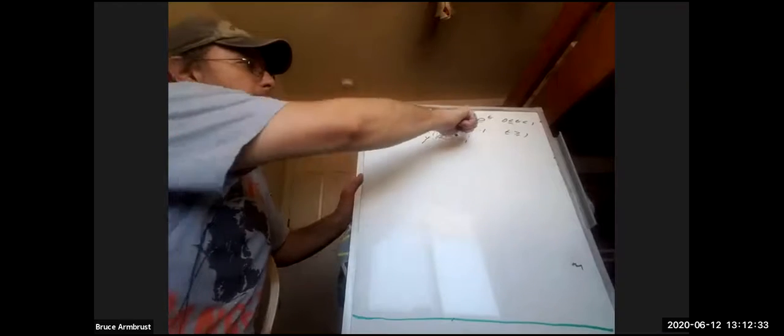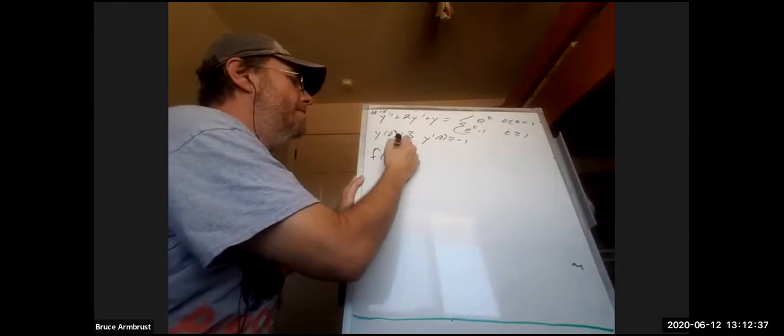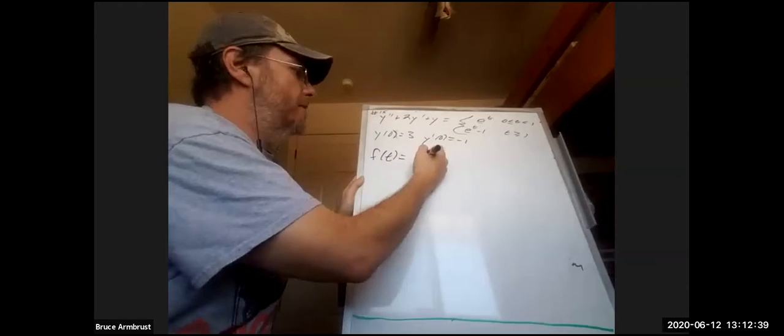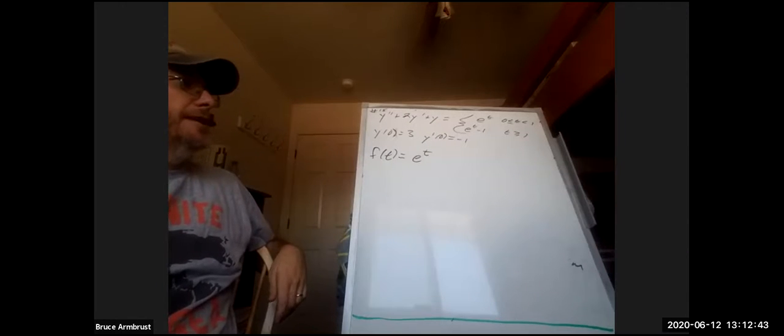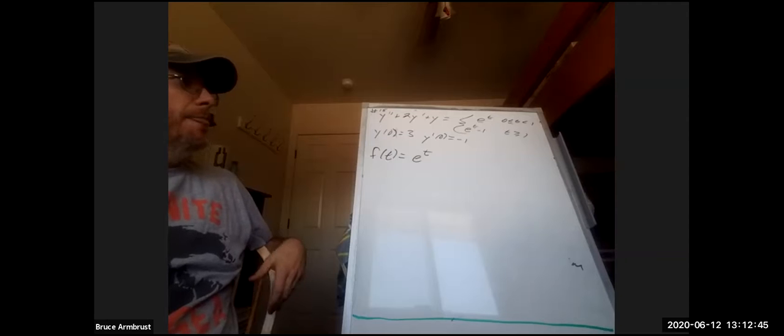So we'll call that guy f of t, using step functions. Well, we're starting with e to the t, so it's just good old e to the t. But then we're going to use the unit step function at 1. So once we hit 1, we need to turn something on.